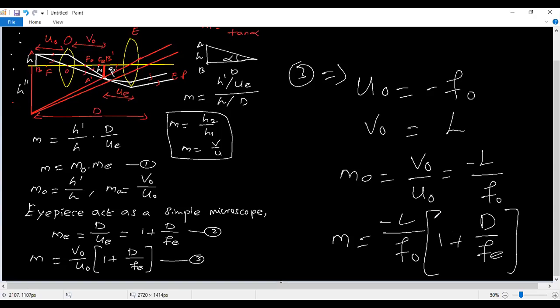So this is the final image at D. In the question paper, they give the L value and the f naught value used in this formula. This is equation number 4. Please take a note.